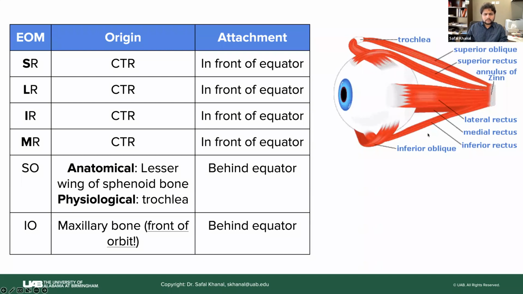But the superior oblique, although it originates from the annulus of Zinn, has a trochlea here. So the physiological origin of this muscle is the trochlea, and it attaches behind the equator. And the inferior oblique comes from the maxillary bone, front of the orbit, and it again goes behind the equator where it attaches to the globe.